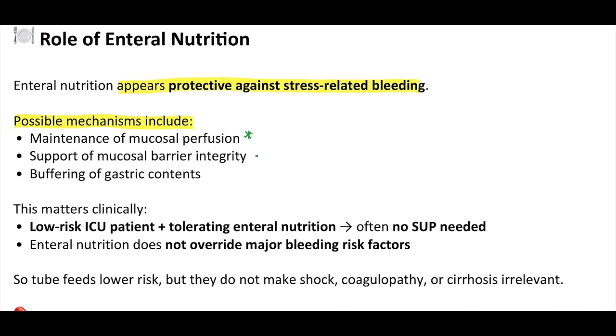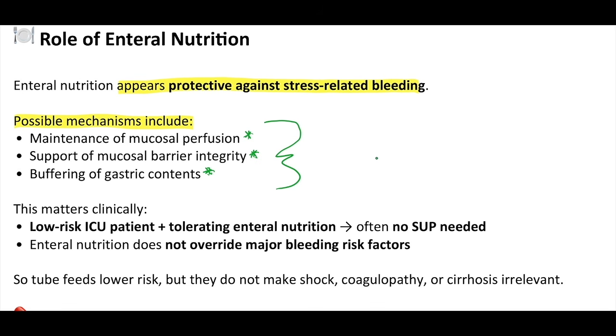It supports mucosal barrier integrity, so feeding the gut helps maintain some degree of homeostasis with the mucosal barrier of the GI tract, and it buffers some gastric contents, right? You're diluting out some of the gastric acidification when you're mixing those gastric contents with feeding. So there are a couple of physiologic principles that may work in the patient's favor when they have enteral nutrition in terms of preventing stress-related bleeding.